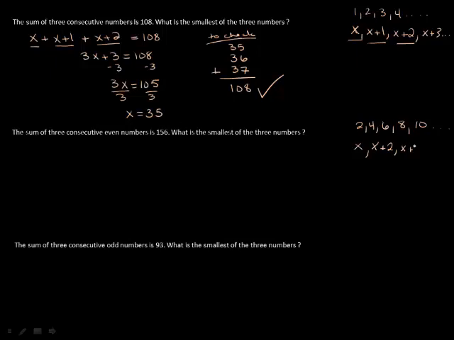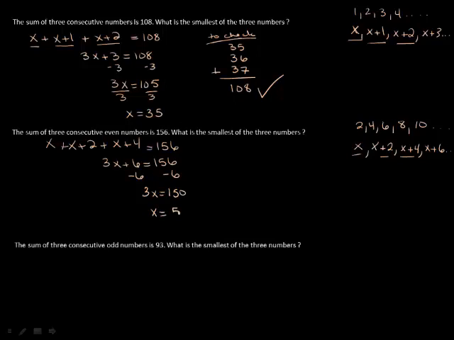To go from a 6 to an 8, I add 2 more, and etc. So 3 consecutive even numbers are going to be x, x plus 2, and x plus 4. And when I add them together, the sum is 156. So I have 3x plus 6 is equal to 156. Subtract 6 from both sides, you get 3x is equal to 150. And that gives you that x is equal to 50.